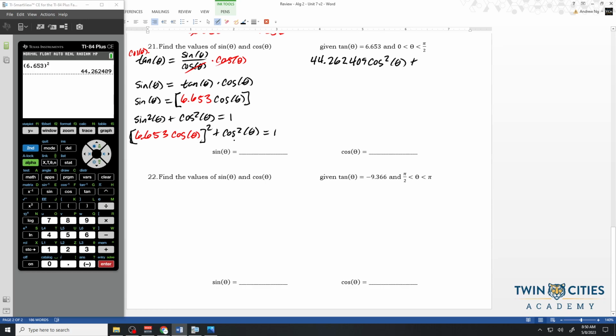Now I'm adding another cosine squared of theta here, and it's equal to 1. So if I've got 44 point some cosine squared, and I'm adding another cosine squared, well, that's just going to be 45.262409 cosine squareds, and that's equal to 1.